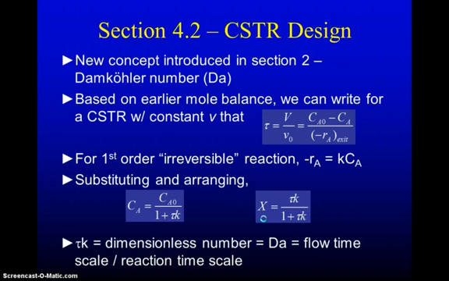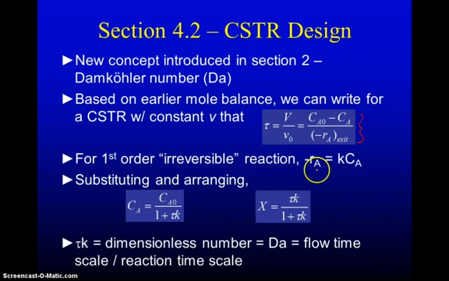So if we have a CSTR, this is the design equation, one form of it, where we can write the space-time tau being equal to the volume of the reactor over the inlet volumetric flow rate, and that's equal to the difference in the initial concentration minus the final concentration over the rate of consumption of A. And that's at the exiting concentration of the reactor, because it's a well-mixed reactor, so that's the concentration everywhere after the feed has been introduced.